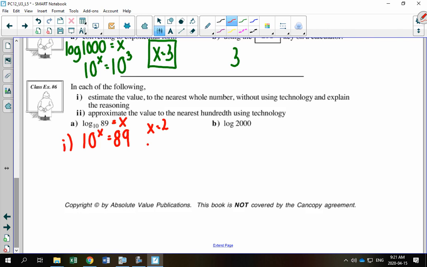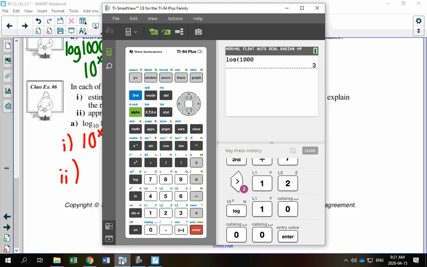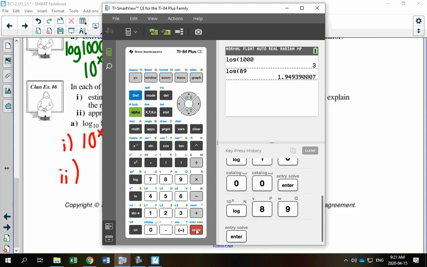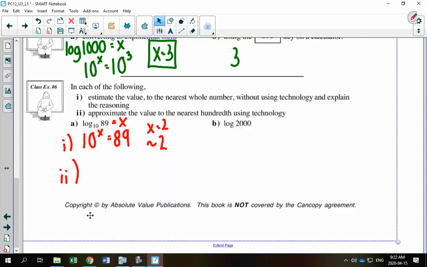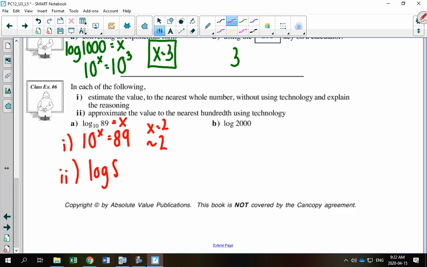So it's somewhere around 2 for an estimate. Then because it's base 10, we can just go log 89 and enter, and we get 1.95. So again, close to that 2.